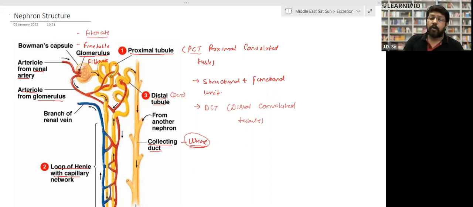So when this filtrate reaches this point here, in the collecting duct, we can use the term urine. But in PCT, DCT, and loop of Henle, we cannot use the term urine. Is this point clear to you? Please tell me.